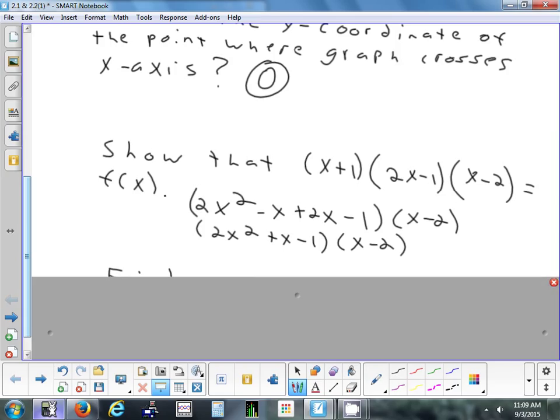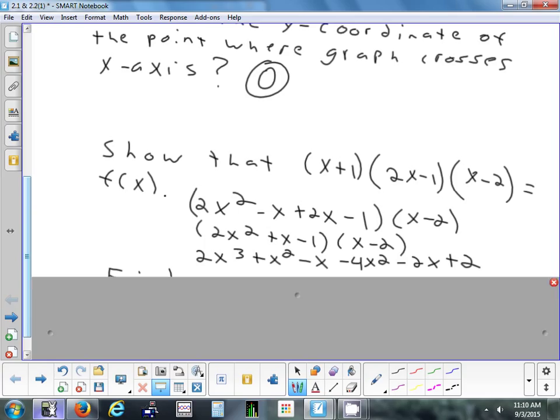All right, so we get 2x cubed, x squared, minus x, and then minus 2x squared. Whoops, I'm sorry, that should be -2 times +2. That's -4. Sorry about that. -2 times x is -2x, and -2 times -1 is +2.